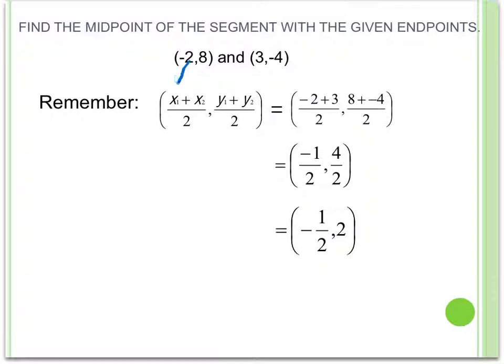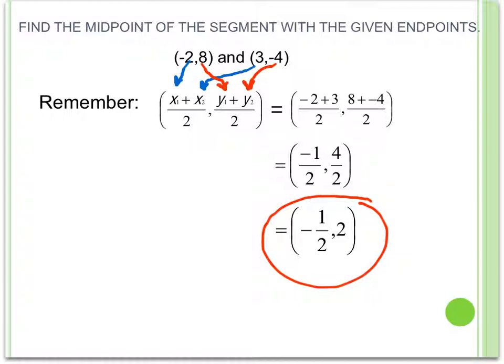If we plug in the x values into the equation, and then the y values, we're left with -2 plus 3 all divided by 2, and 8 plus -4 divided by 2. When simplified, that equals 1/2 and 4/2, or just 1/2 and 2. That is the midpoint of the segment with the given endpoints (-2, 8) and (3, -4).